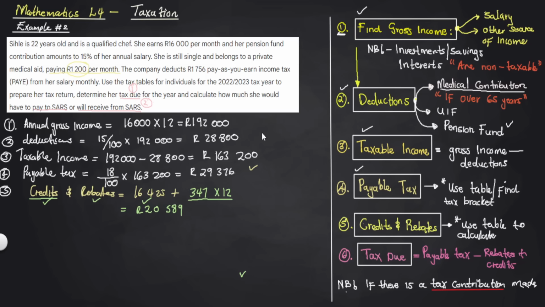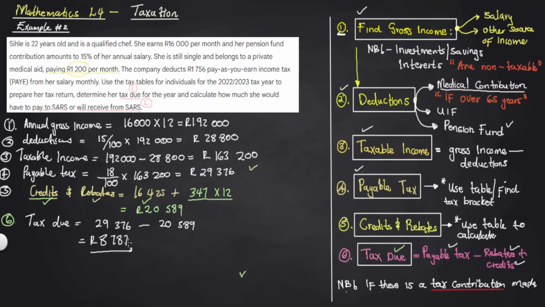So therefore, step number 6, tax due. Tax due is equal to payable tax minus rebates and credits. The payable tax is 29,376 minus the rebates and credits, which is 20,589. So 29,376 minus 20,589.